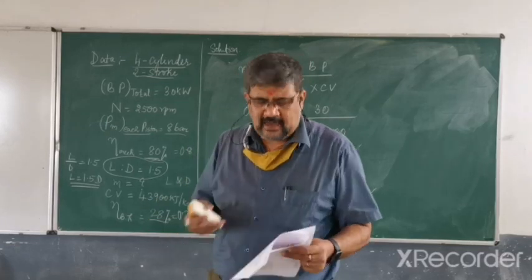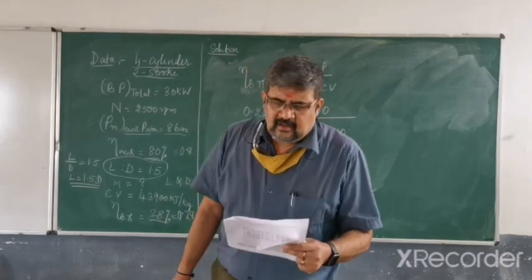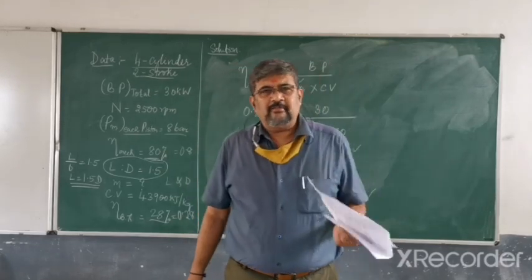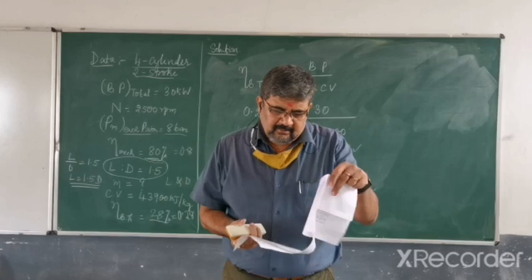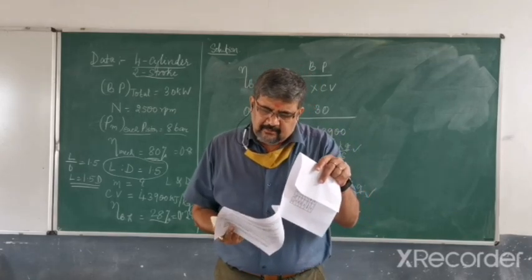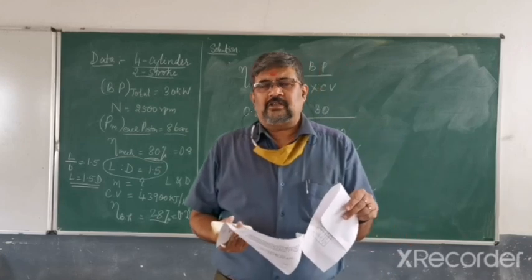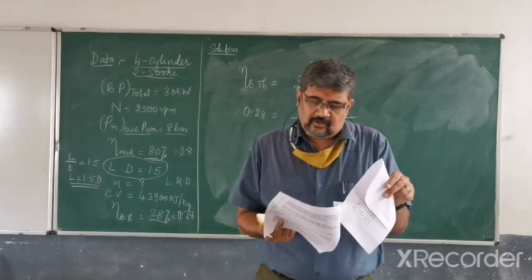As I said, I am skipping a couple of problems for two reasons. One is, of course, I want you to solve them on your own. For example, problem number 5 is an extremely simple problem where it is a 4-stroke diesel engine, which means again we have to consider that as a single cylinder only.